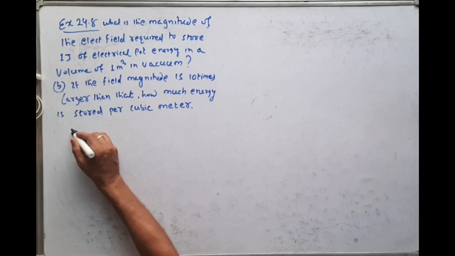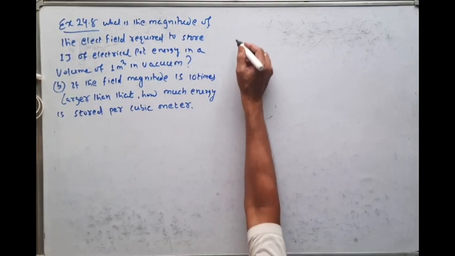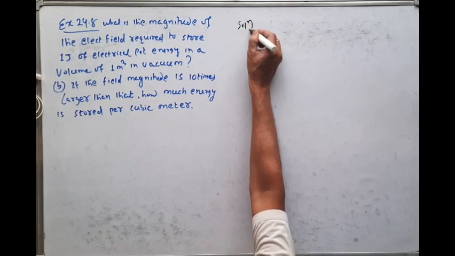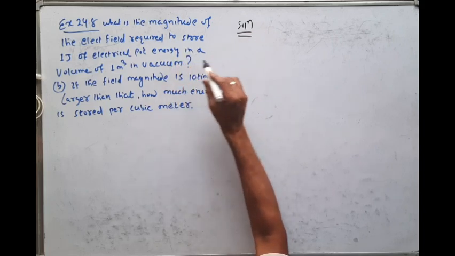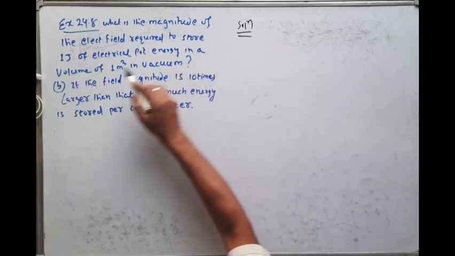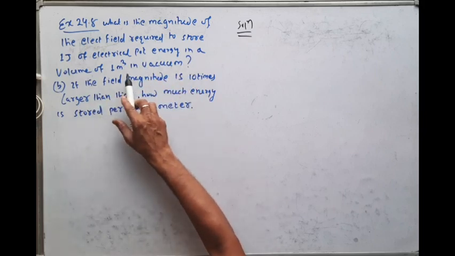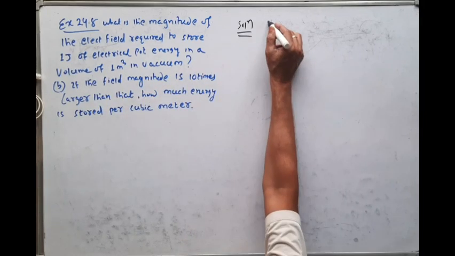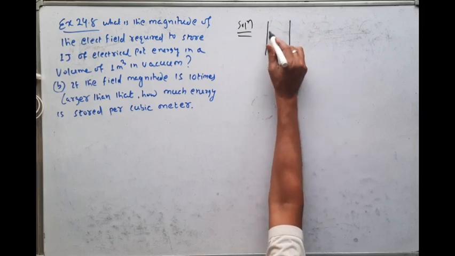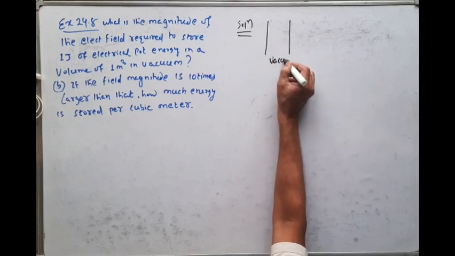So we'll find the solution. You see here, what is the magnitude of the electric field required to store 1 joule of electrical potential energy in a volume of 1 cubic meter in vacuum? Suppose this is a capacitor. Inside the capacitor there is vacuum.